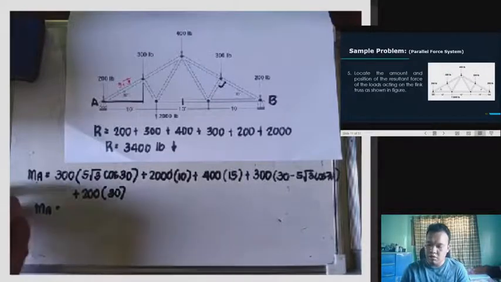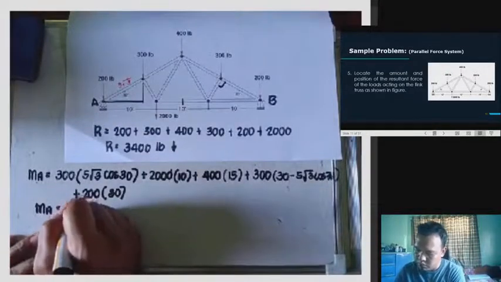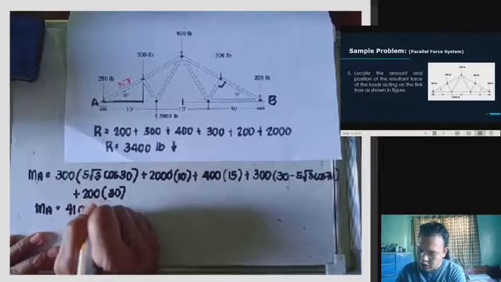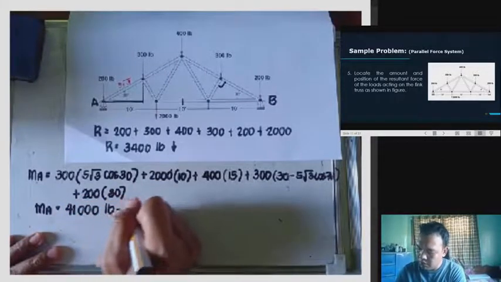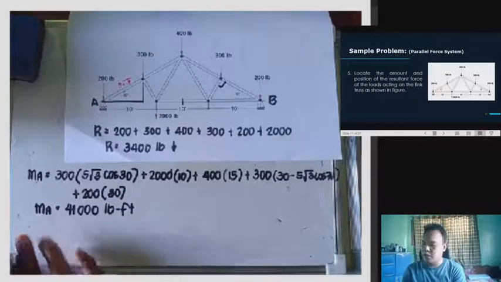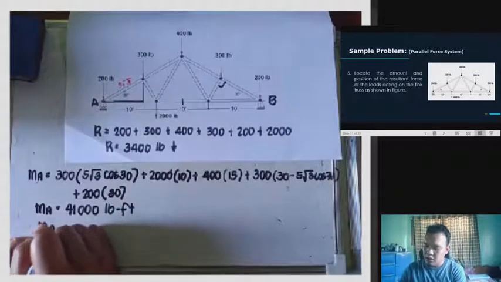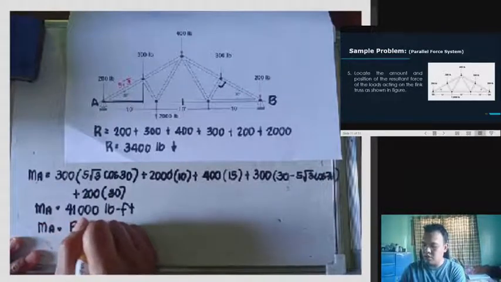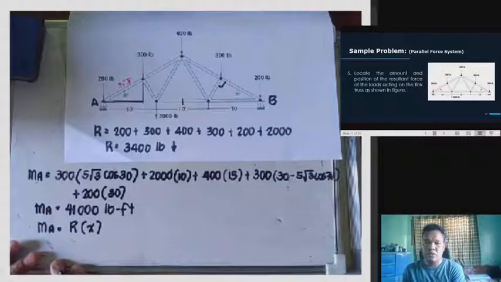Therefore, meron akong moment sa A which is equivalent to 41,000 pound-foot. Therefore, to locate the point of resultant, moment A is equivalent to resultant force times, again, yung perpendicular distance which is along x-axis.